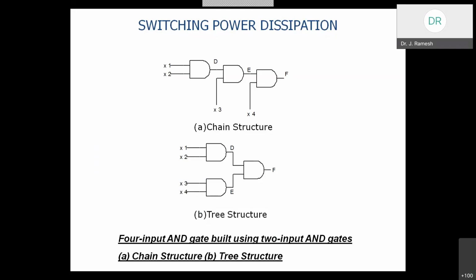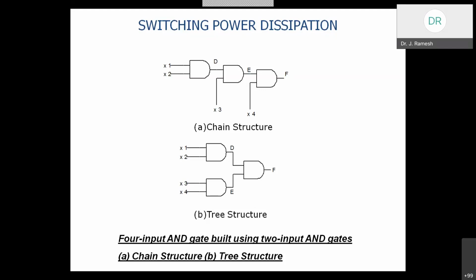So the switching activity at the point D for the chain structure will be 1 by 4 into 3 by 4, that is 3 by 16. If you consider the tree structure, at the point D we have the same switching activity, 3 by 16 again.